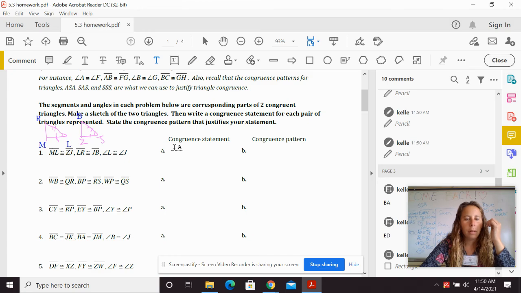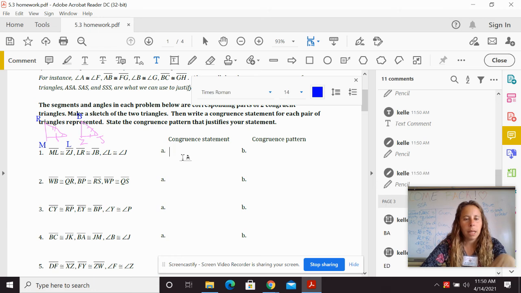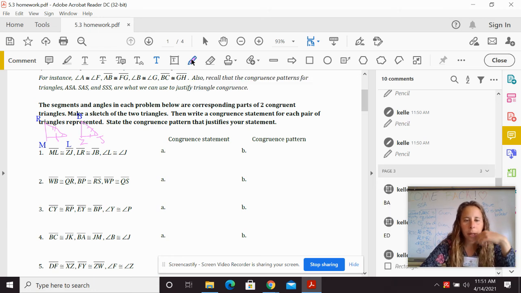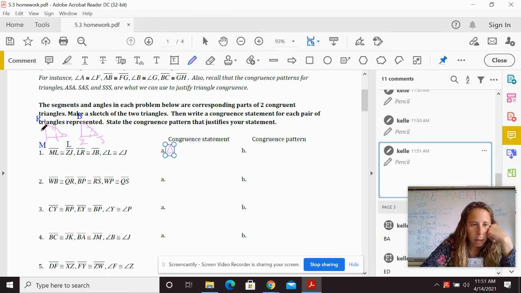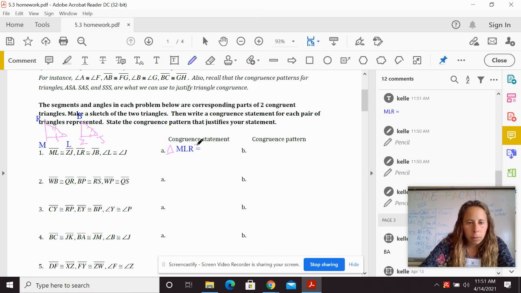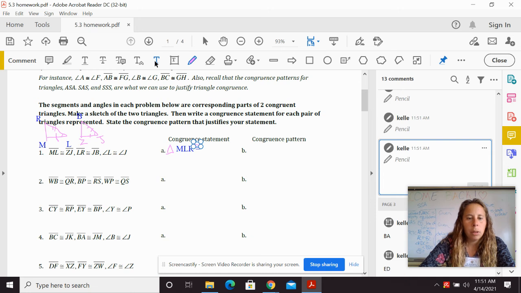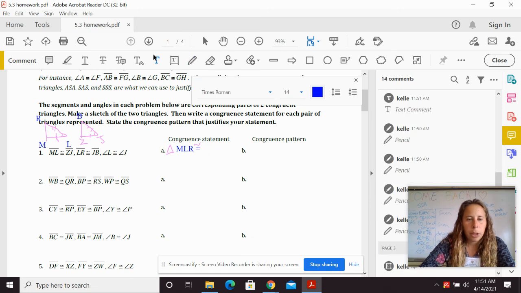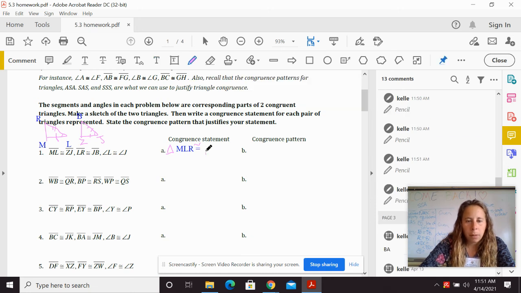So the congruency statement is triangle MLR is congruent to triangle, make sure you write it in the correct order.